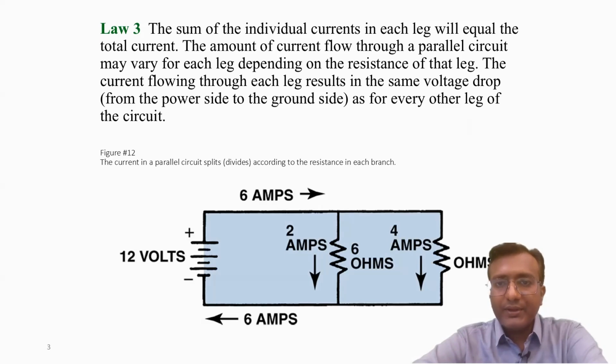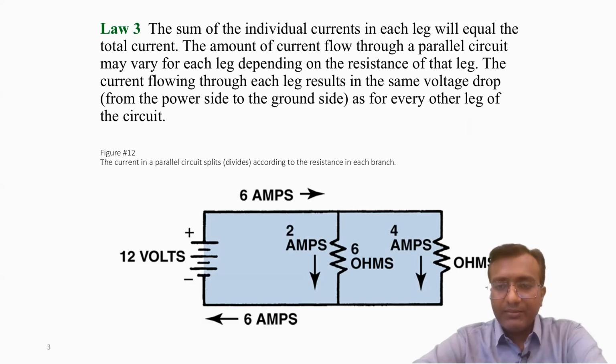The amount of current flow through a parallel circuit may vary for each leg depending on the resistance of that leg. The current flowing through each leg results in the same voltage drop as for every leg of the circuit. Here in the diagram, you can see 12 volts is supplied using a DC source, that is a battery.